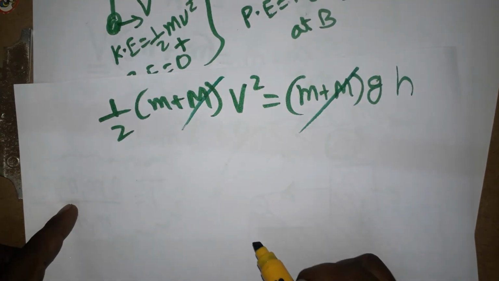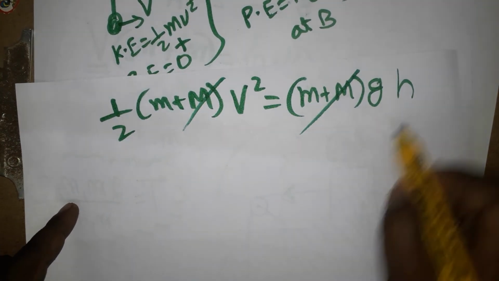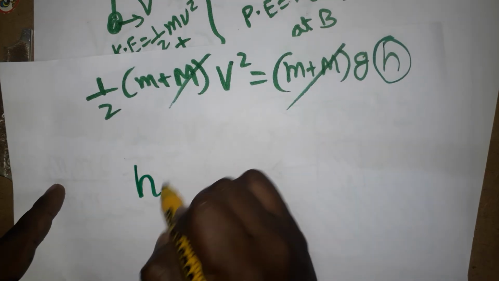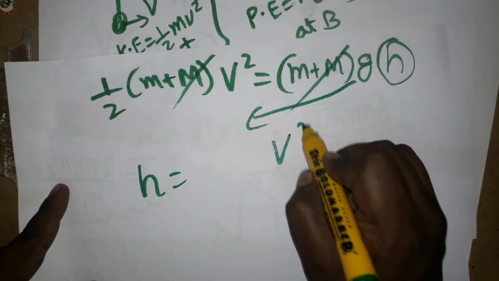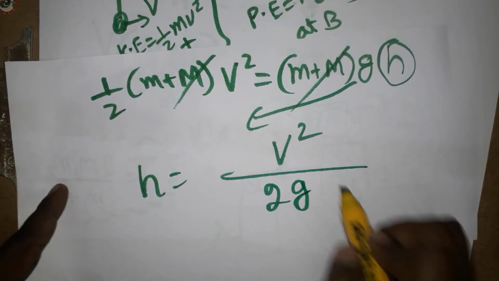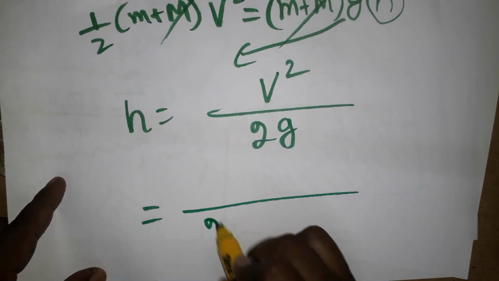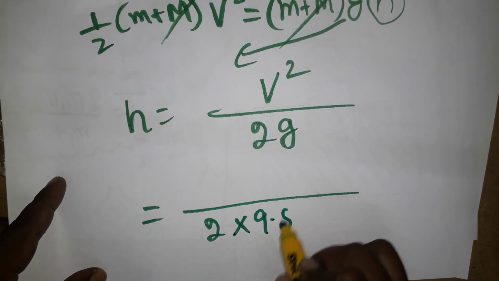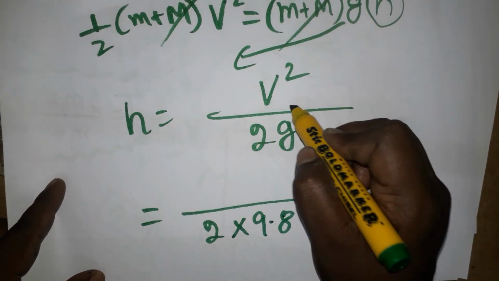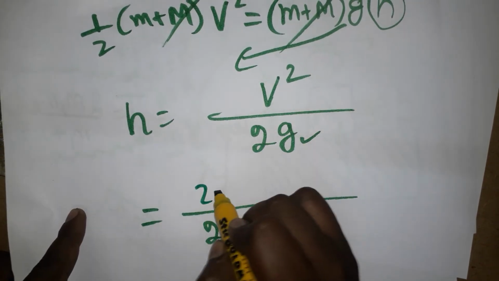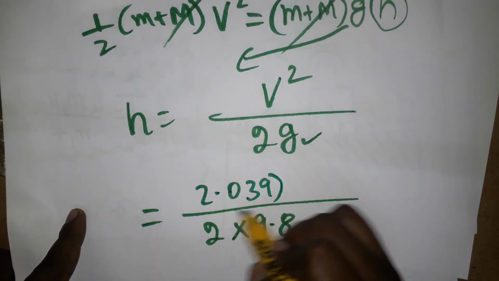The mass cancels because both sides have it. Height is V square divided by 2g. We know V, and g is 9.8, or you can take it as 10. V is 2.039 square.